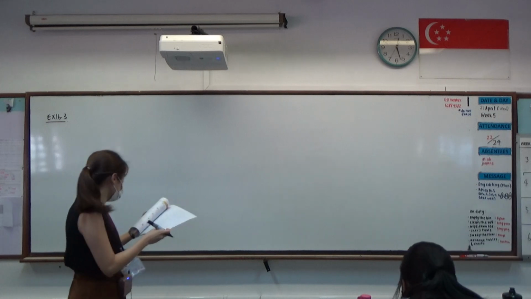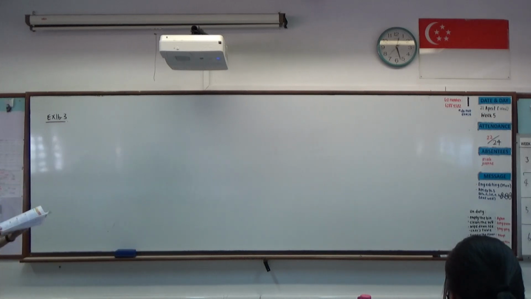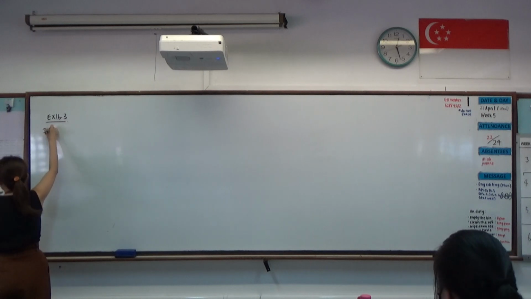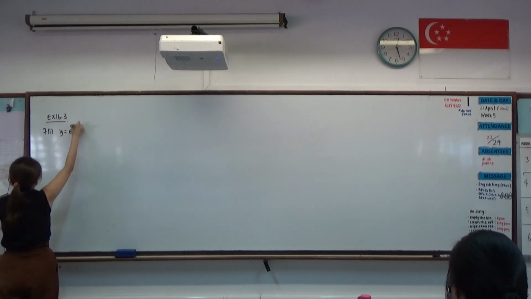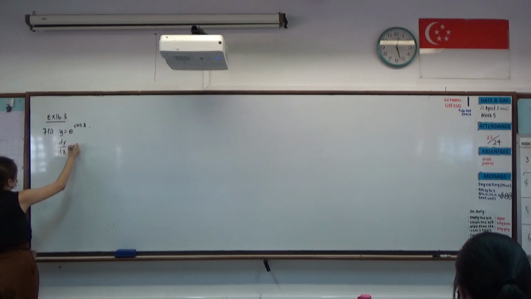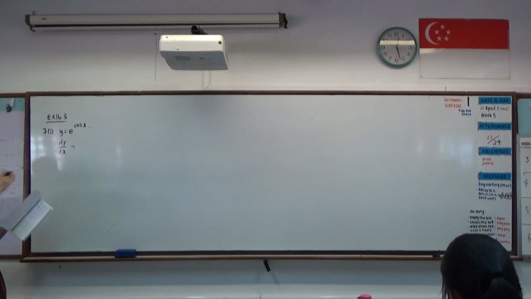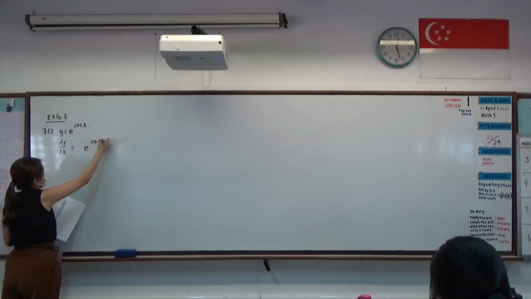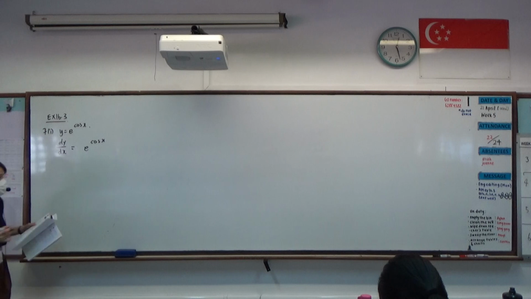Question 7. Alright, so in question 7, in part 1, you're given that y is equals to e to the power of cosine x. So dy over dx, to differentiate e to the power of cosine x, we will have the same e to the power of cosine x first.